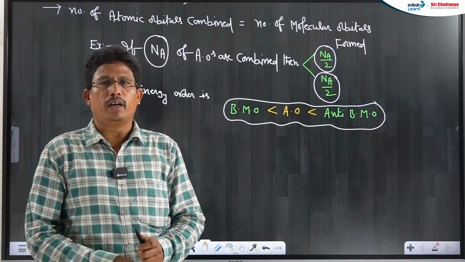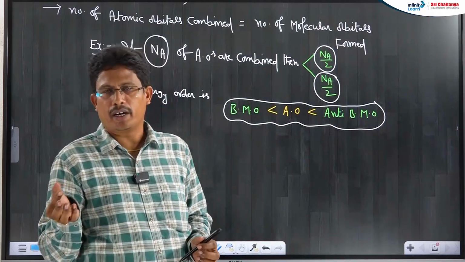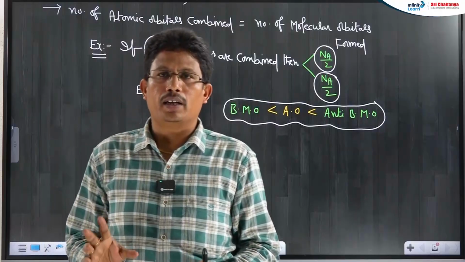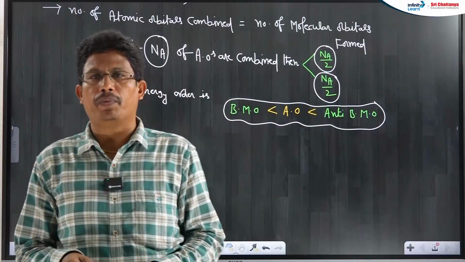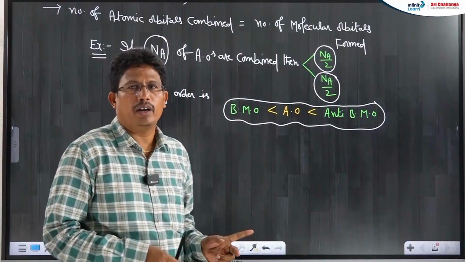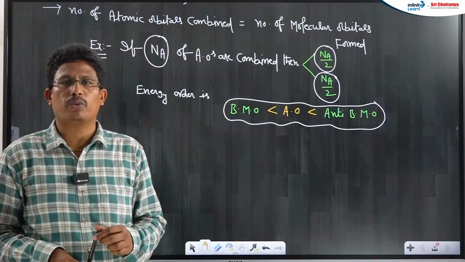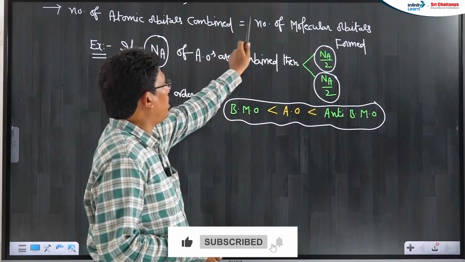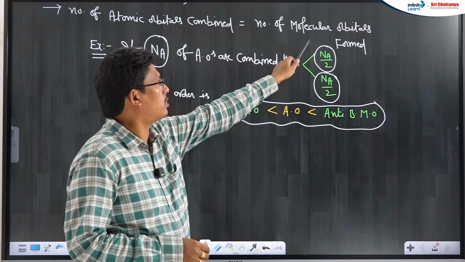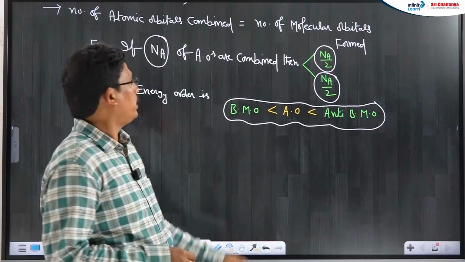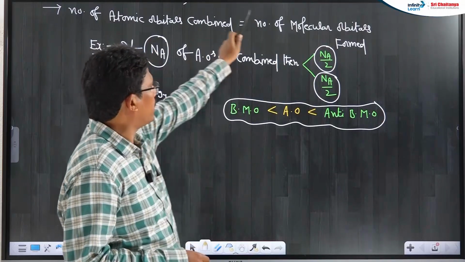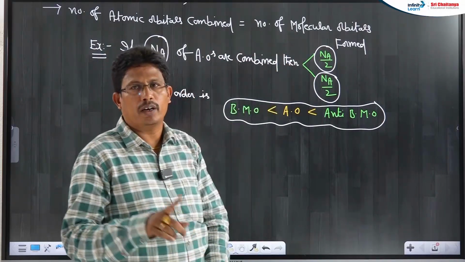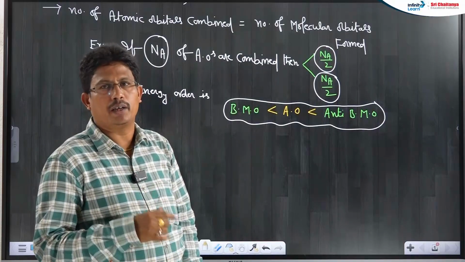Molecular orbitals are mainly of two types, bonding and anti-bonding. Bonding orbitals are formed by constructive interference. Anti-bonding orbitals are formed by destructive interference. The number of atomic orbitals combined is always equal to the number of molecular orbitals formed. When two atomic orbitals combine, we get two molecular orbitals, one bonding and one anti-bonding.